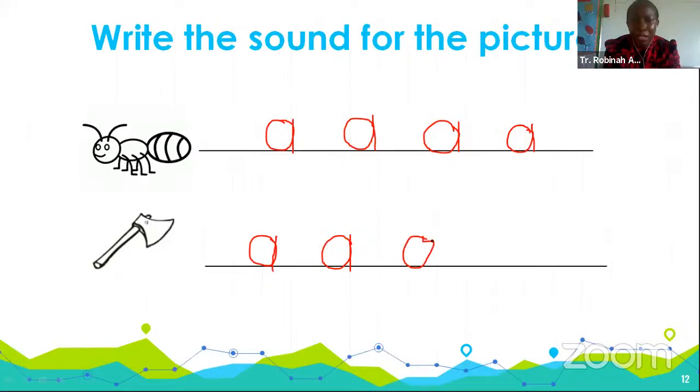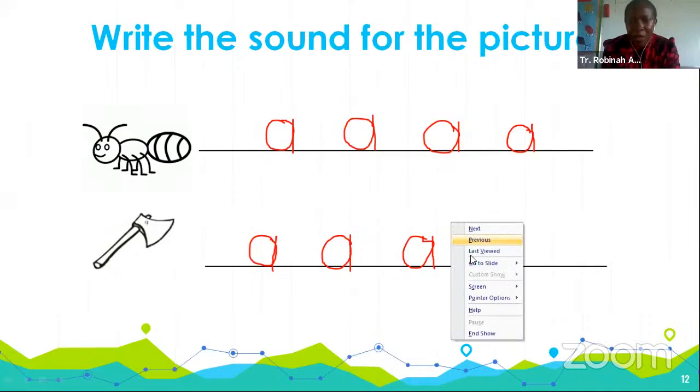Because the pictures we see there start with sound A. And you, my good children, have learned how to write sound A today. So you are going to write the sound for the picture.